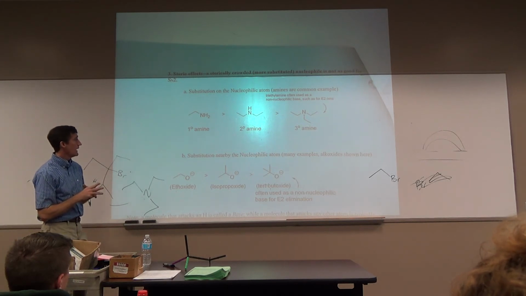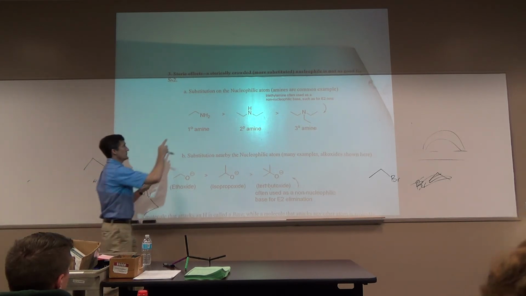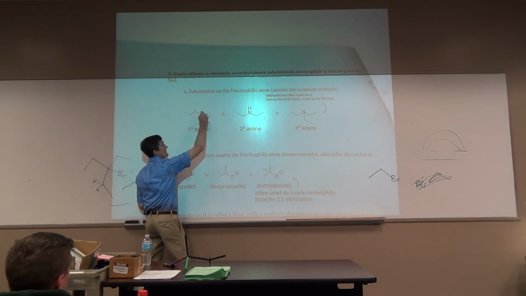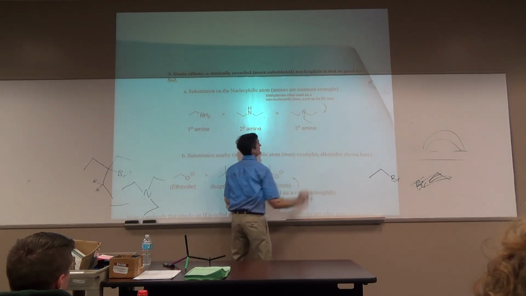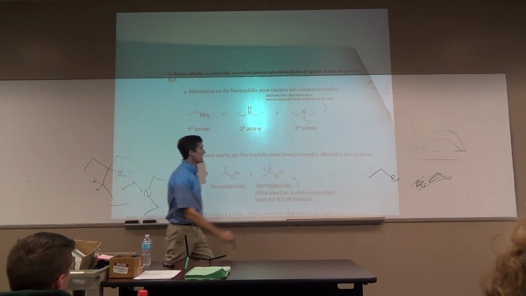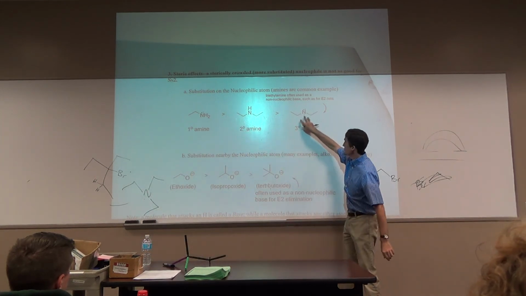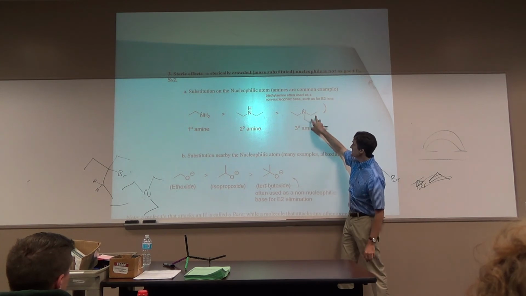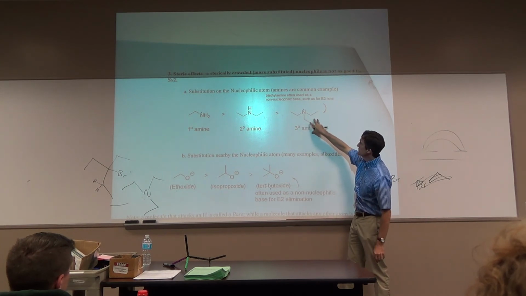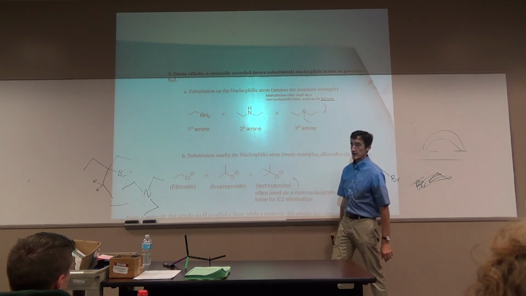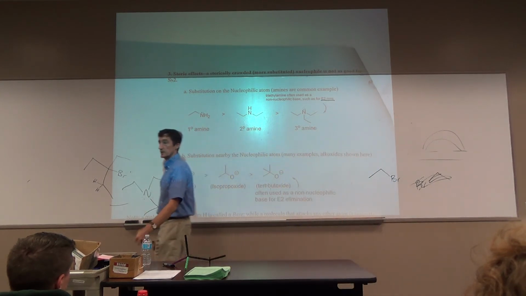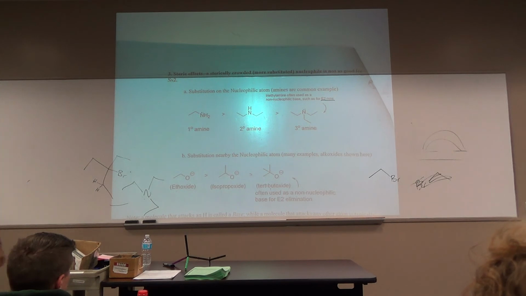Good. Okay. Here the substitution is on the nucleophile. 2 things on the nucleophile. 3 things on the nucleophile. By the way, the tertiary amines tend to be so sterically hindered, they're usually not good for SN2. And very often we use them as bases for E2 reactions because they won't do SN2. Too sterically hindered.